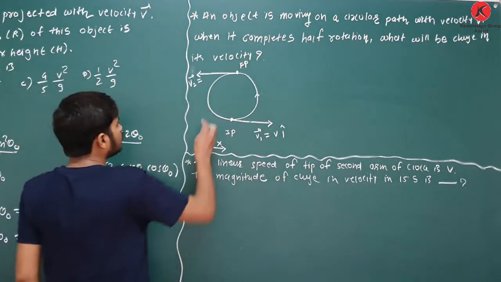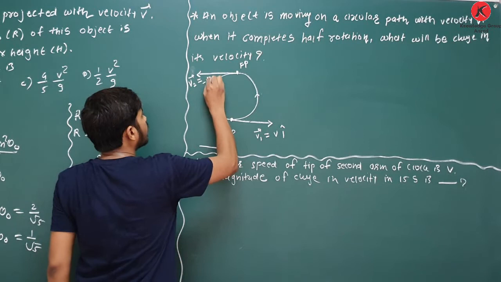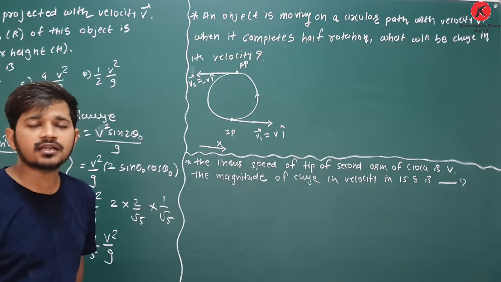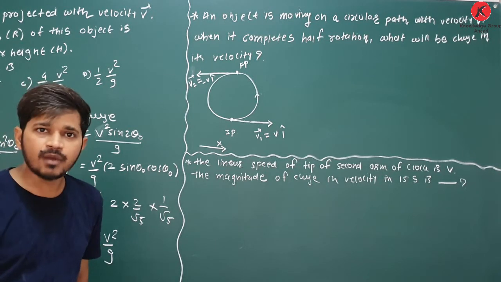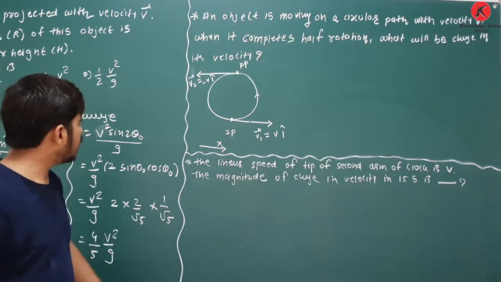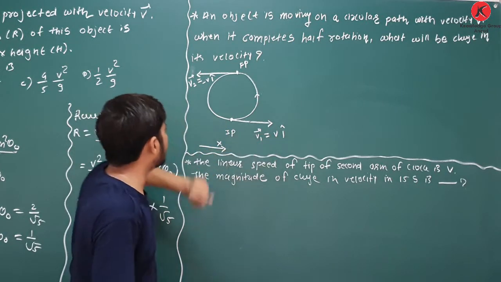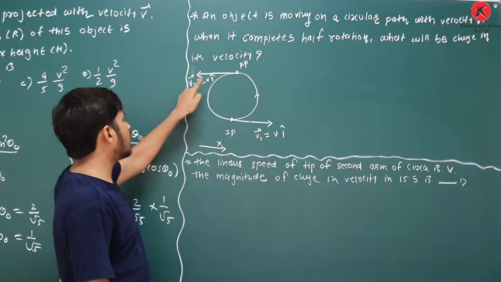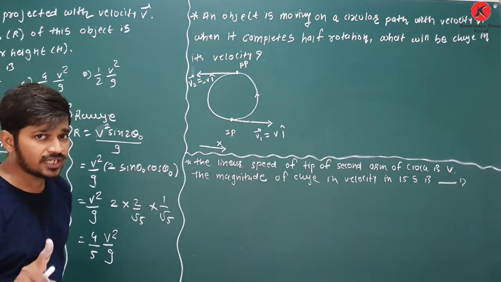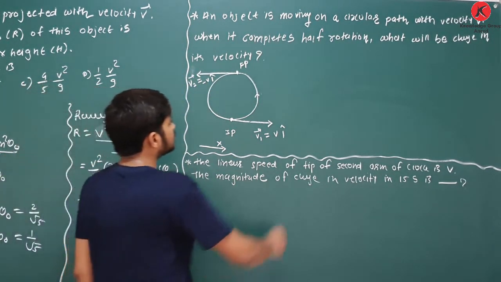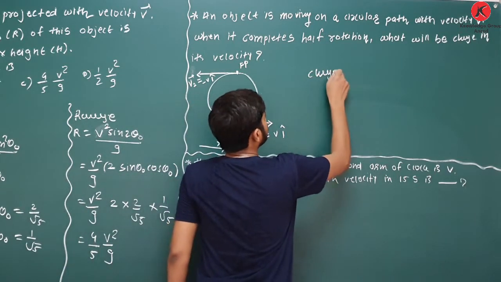Then v2 is equal to minus v i caret. Clear about this? Sure? So initial position v1 is equal to v i caret. Final position v2 is equal to minus v i caret. Why minus v i caret? Because it is in the opposite direction. Yes, you have to find the change in velocity.